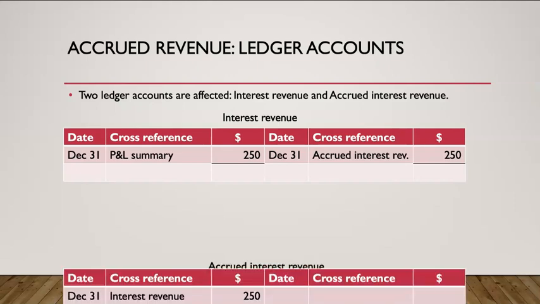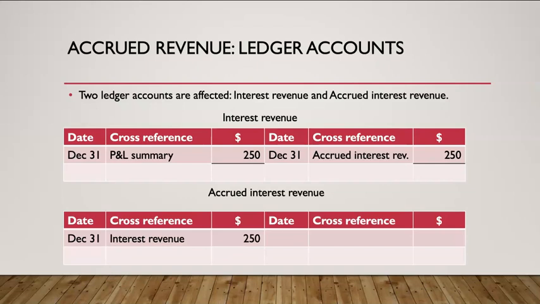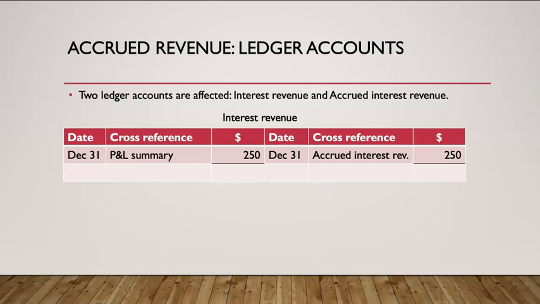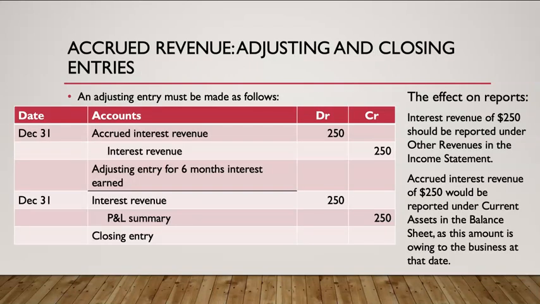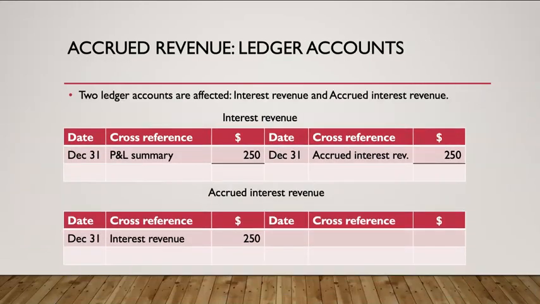On the balance day, our accrued interest revenue asset account, which is a current asset, is $250. $250 was our debit because assets going up are debits, and we've basically picked up all the three entries in our general journal, and I'll go back to it. 3 of the 4 impact accrued interest revenue or interest revenue, so there are 3 postings to these ledger accounts.